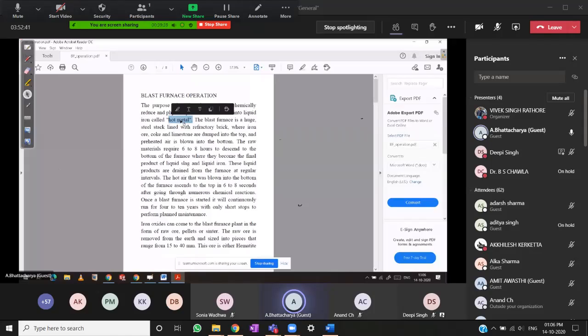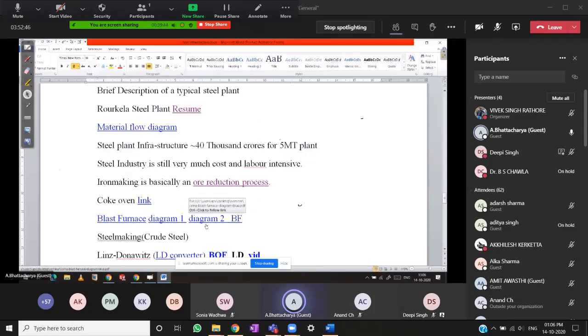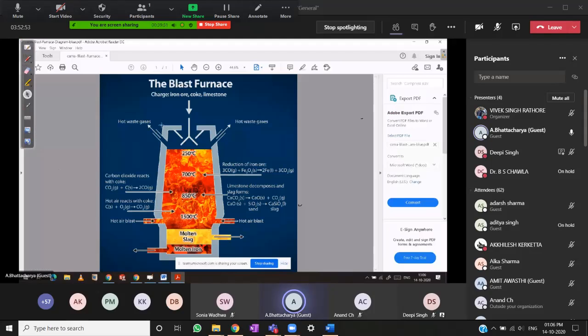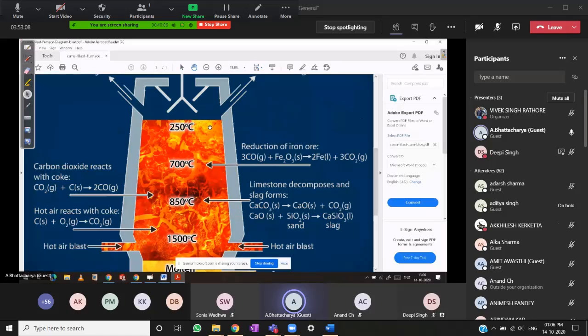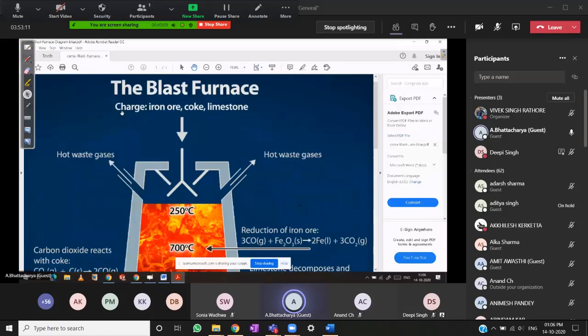The blast furnace diagram. This is the blast furnace. It is a huge, tall structure, maybe 70, 80 meters. Now, here you see, this is the top portion from where the charge is fed. The incoming charge is iron ore, then coke, and limestone.